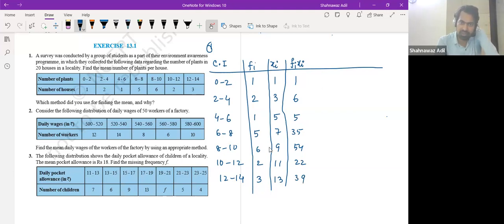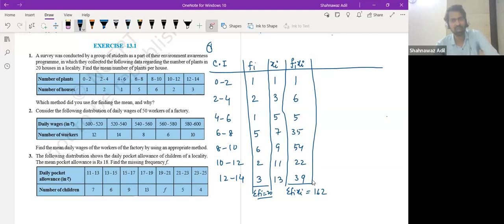The summation of fi is 20. And then the summation of fixi, this is how much? 162, right? So this is the summation of fixi.